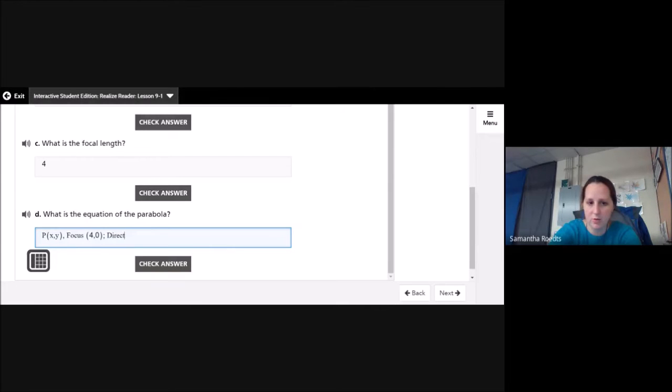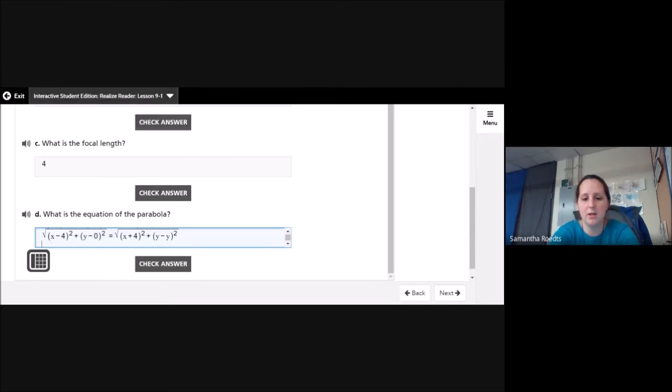And then my directrix is x equals negative 4. So the square root of (x minus 4) squared plus (y minus 0) squared equals the square root of (x plus 4) squared plus (y minus y) squared.